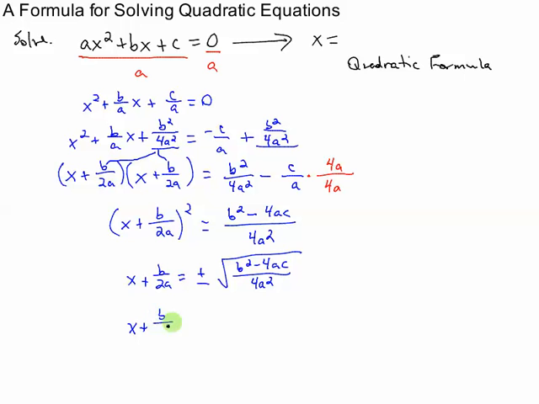Now, the square root on the right-hand side, I can split. I can take the square root of the top and the square root of the bottom. So the square root of the top is the square root of b squared minus 4ac. And the square root of 4a squared is just 2a. Finally, I'll subtract my b over 2a to get x by itself. Remember, that's what we're trying to do, is solve for x.